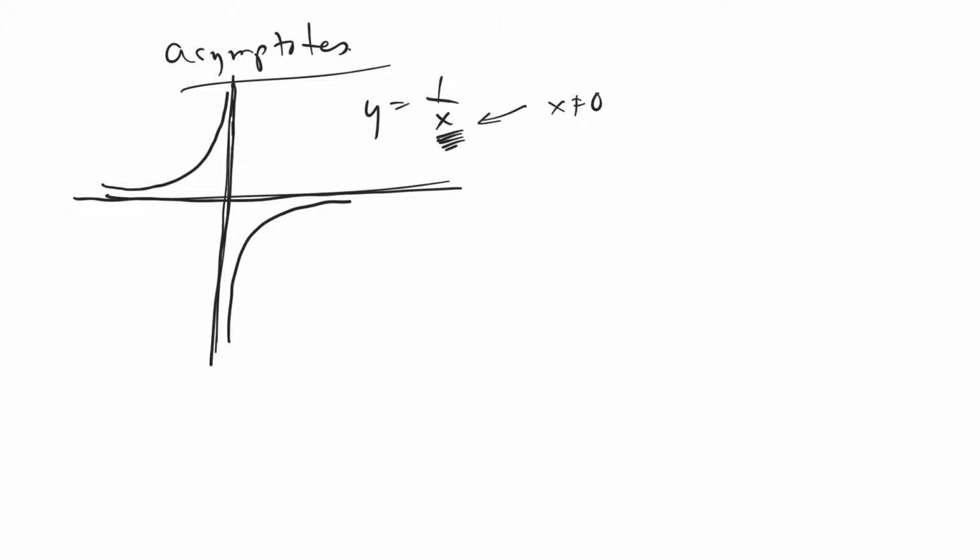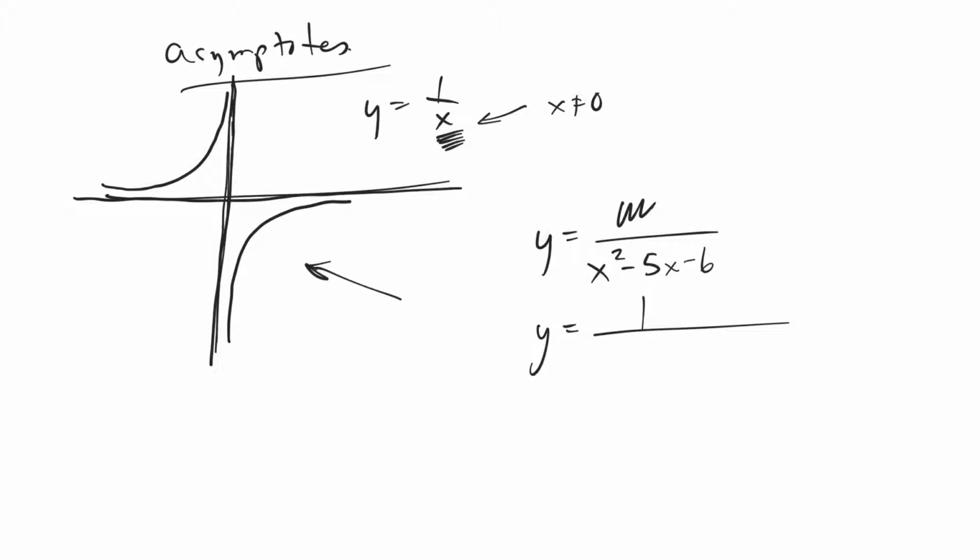So for example, if I had y is equal to something over x squared minus 5x minus 6, and I'm looking to see what the asymptotes would be, I could look at this, and this one will look different than this graph here. It'll be a different kind of graph. But I could factor that to this, and then I could ask myself, what can x not be?